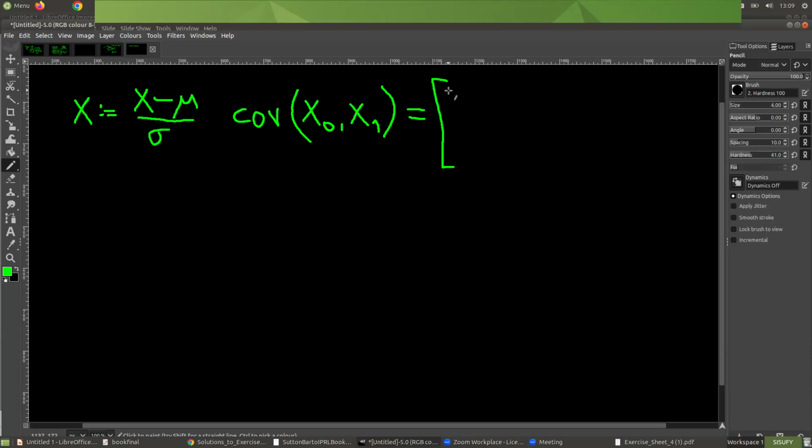So how much do they covary? What is covariance? Covariance is, well, if it's the same variable with itself, it's just the same as variance. It's the expected value of the square. Let's assume that they have been normalized, at least that the mean is always zero.